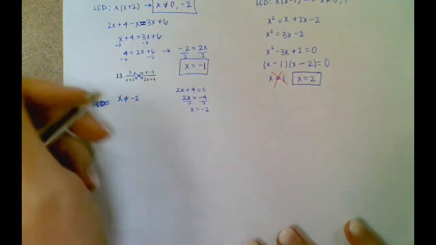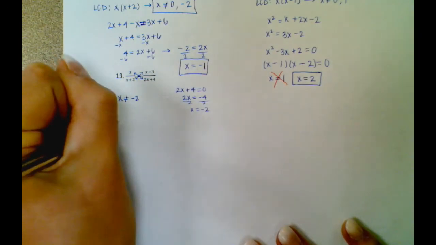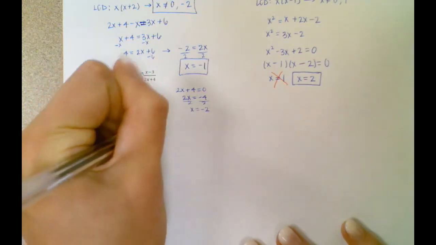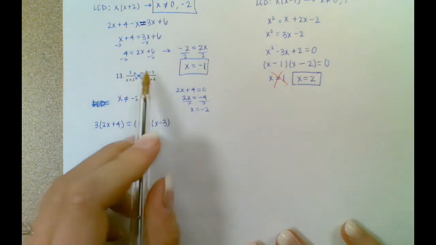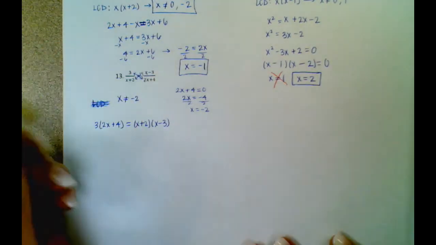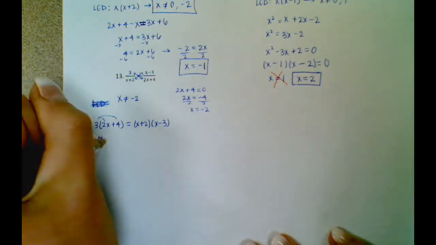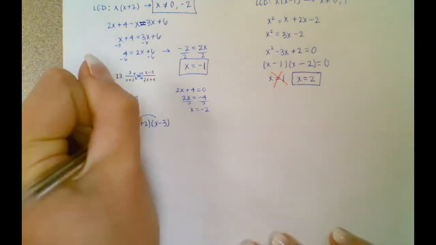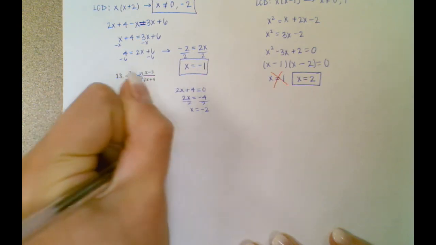Phew. Okay. All right, so let's go ahead and cross multiply this. This looks like fun. So you're doing 3 times the 2x plus 4 and the x plus 2 times the x minus 3, because that's the cross multiply, okay? All right, so this gives me 6x plus 12 equals x squared minus 3x plus 2x minus 6.